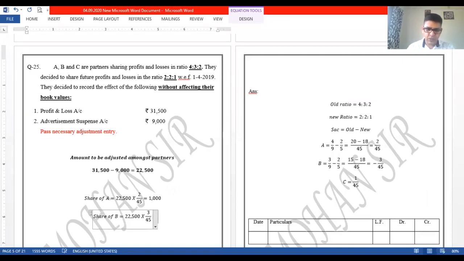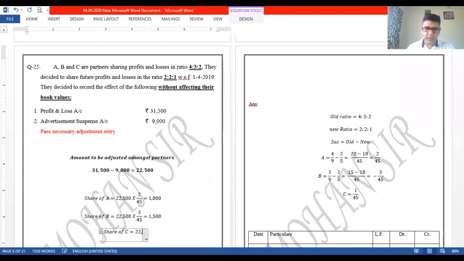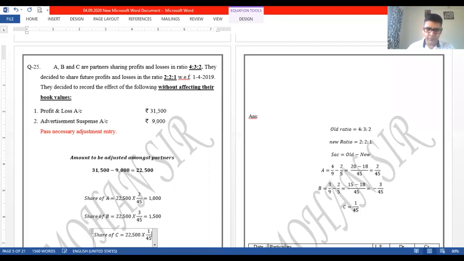Okay, so that will be 1,500. And finally, share of C, 22,500 into 1/45. Okay, so that will be equal to 500 rupees.